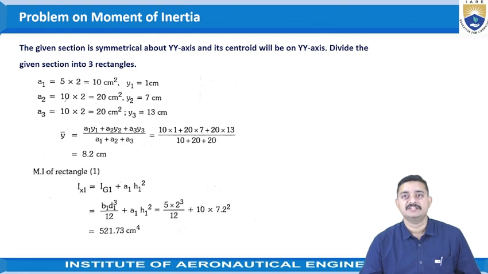So the moment of inertia of rectangle 1 is Ix1 = Ig1 + A1 H1 squared = B1 D1 cubed / 12 + A1 H1 squared = 5 × 2 cubed / 12 + 10 × 7.2 squared. When you solve this, you get 521.73 centimeter^4.